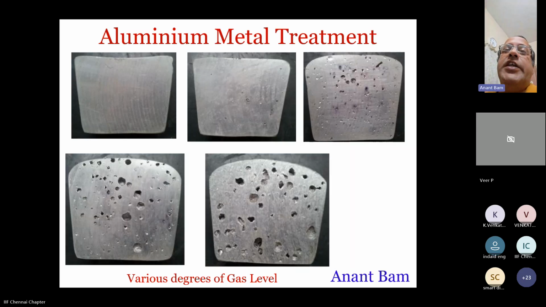Now, what is density index? We have seen that under vacuum or under partial vacuum, the gas bubbles expand like a balloon. And that's why the solidified sample occupies larger volume for the same mass. So its density reduces.